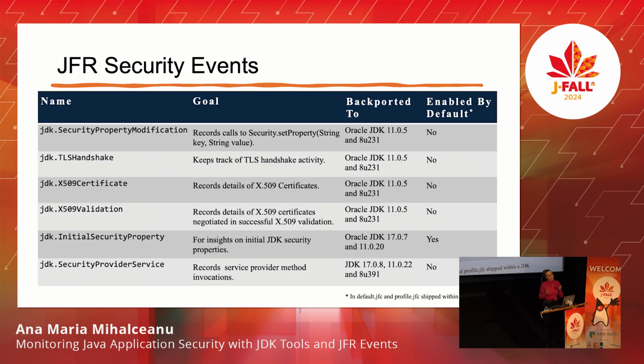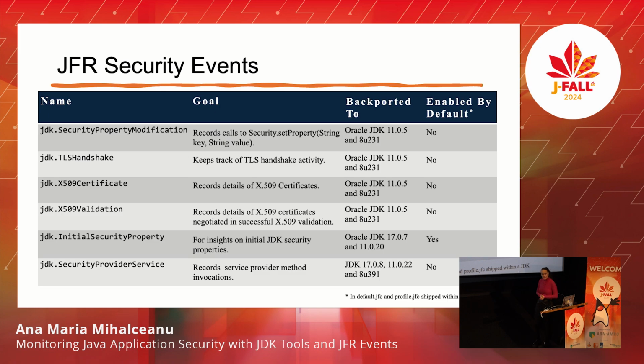So starting with JDK 12, there were 4 events that were available specifically for security, all of them disabled by default. And in the slide there, you can see them: JDK security property modification for recording calls when your application dynamically changes a security property.